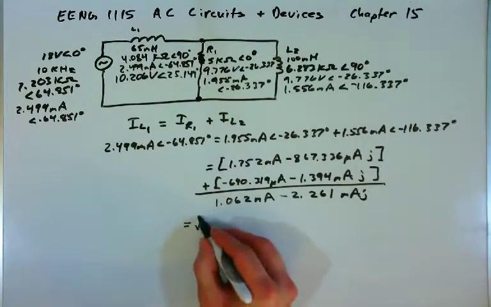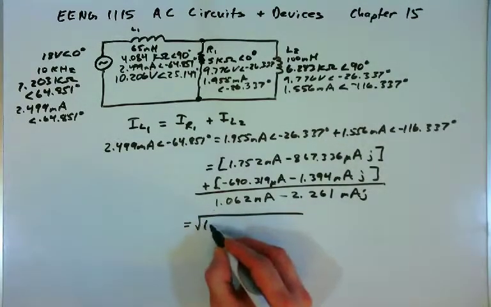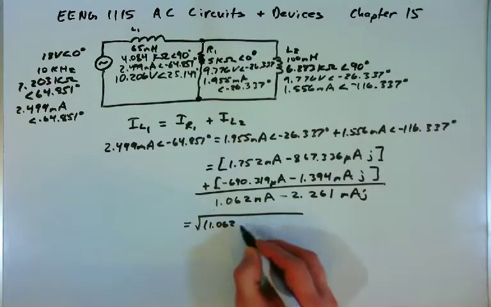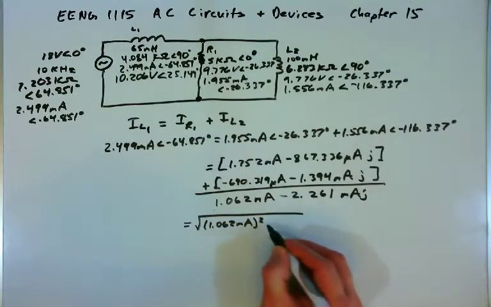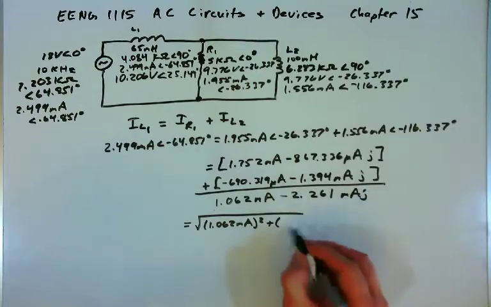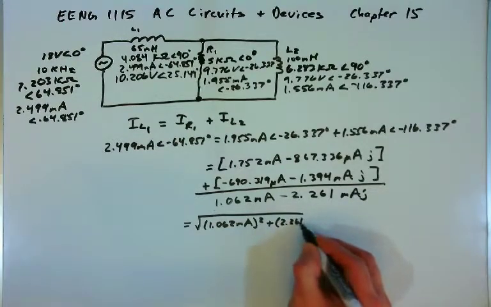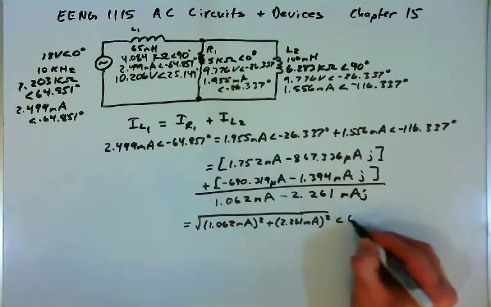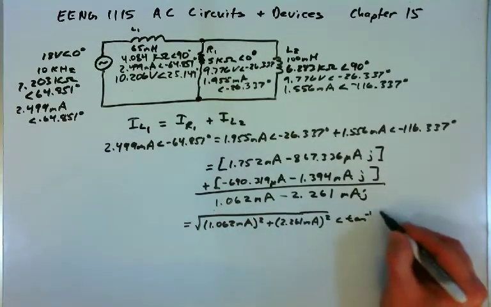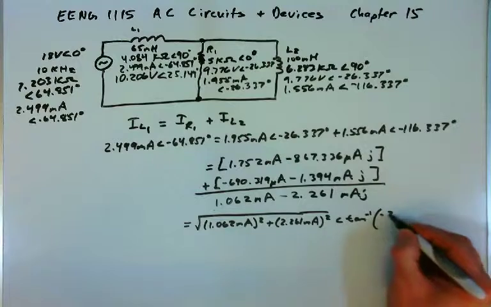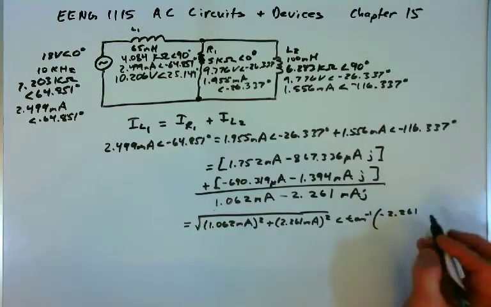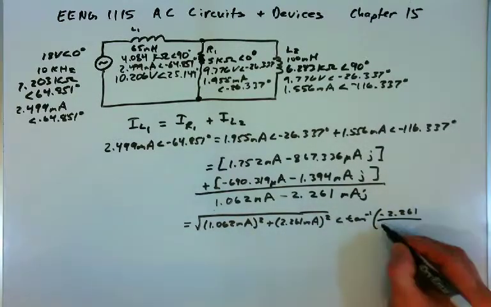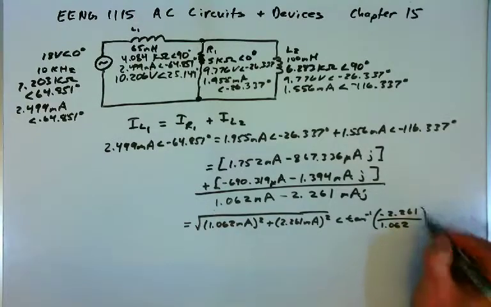And so the polar form will use the Pythagorean theorem. We'll take the square root of 1.062 milliamps squared plus 2.261 milliamps squared. And the angle will be the inverse tangent of the y component, negative 2.261, divided by the x component, 1.062.